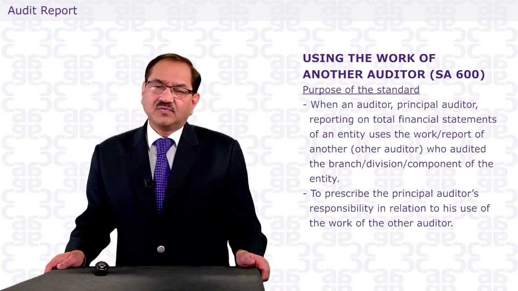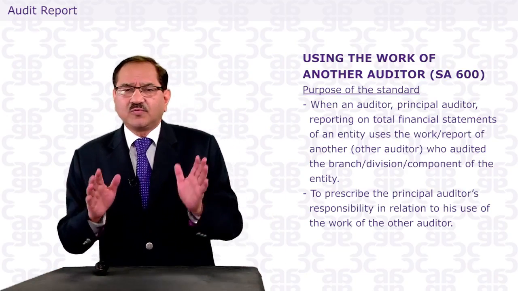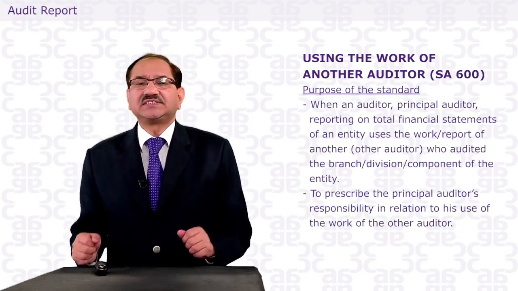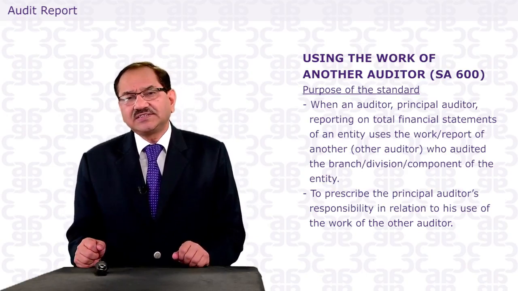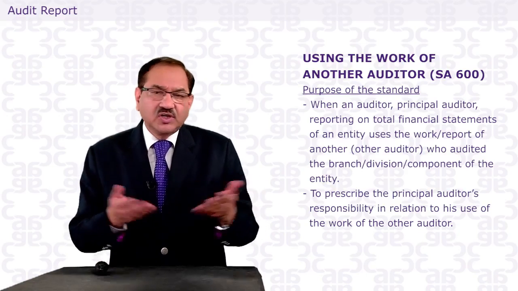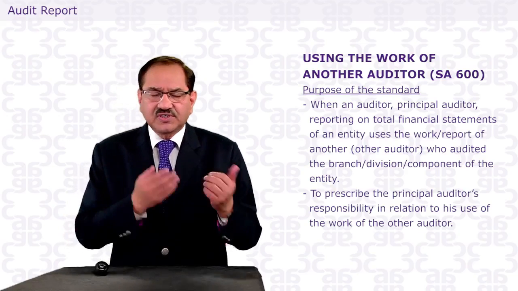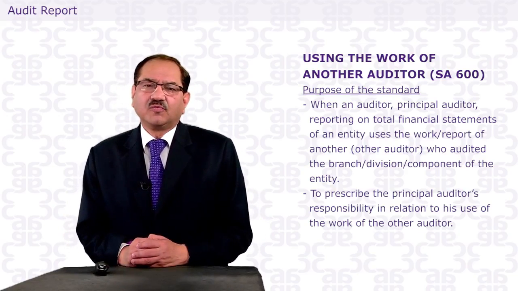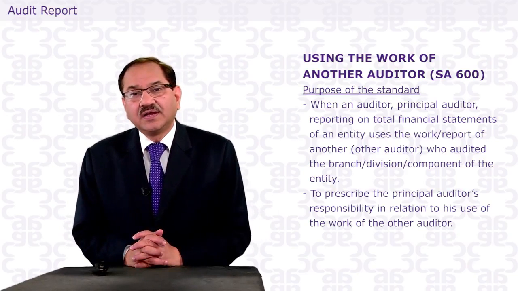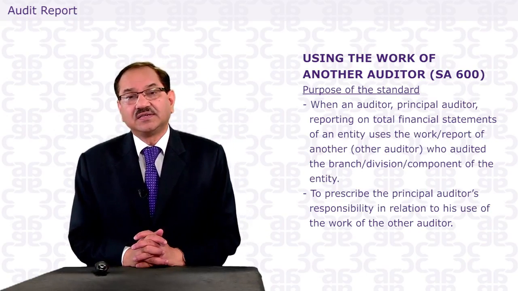Now, in every auditing standard, what types of guidelines are given? The guidelines given under SA 600 are about how the principal auditor will use the report of the branch auditors or component auditors, and what procedure he should follow. That's the guidance given in SA 600.